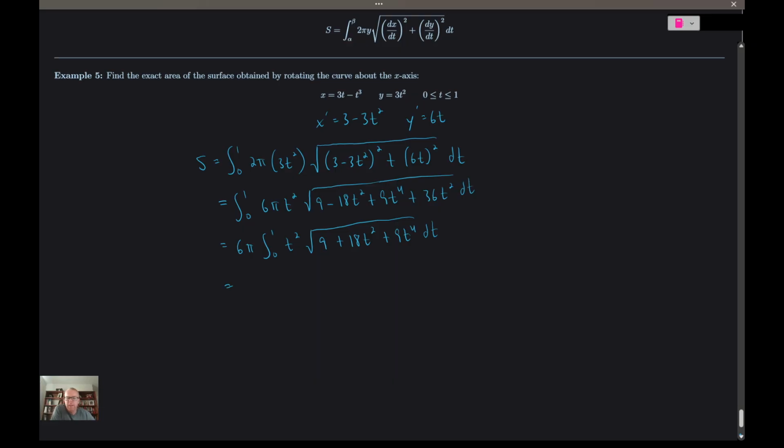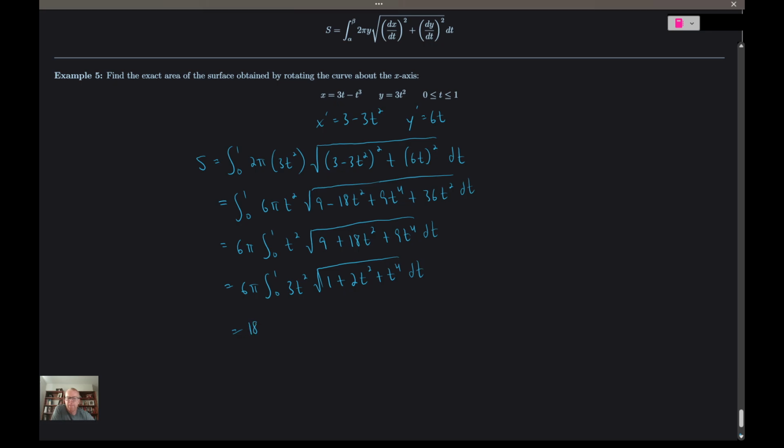Now we can factor out a 9 from this. When we pull the 9 out, the square root will become a 3. So we have 6 pi, 3t squared. That'll leave us with 1 plus 2t squared plus t to the fourth dt. Let's pull the 3 out.